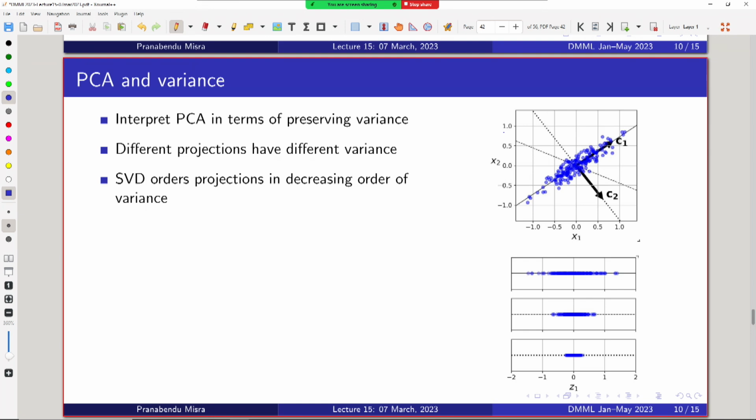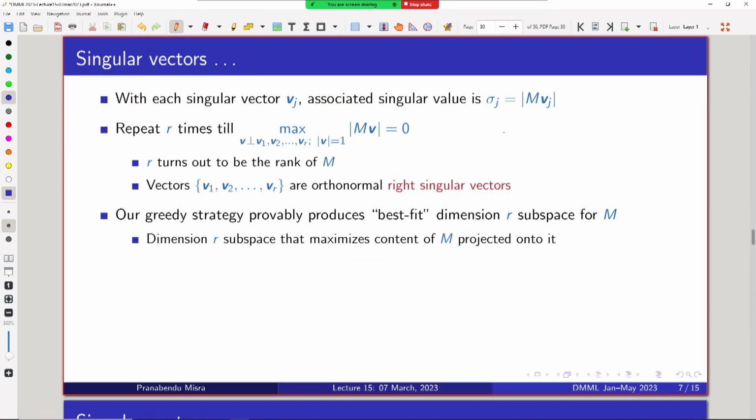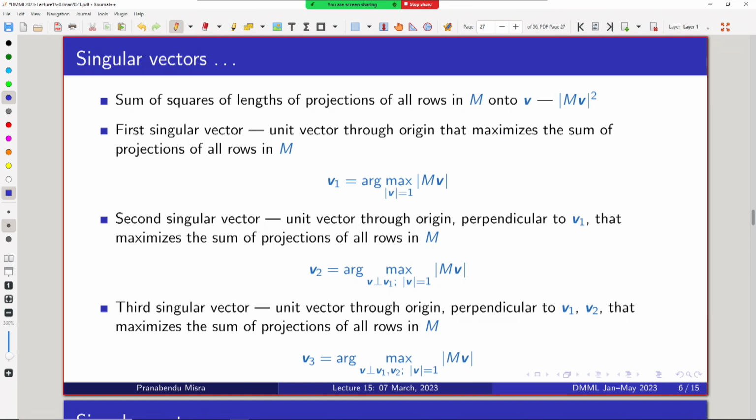The second one would be after you exclude whatever is accounted for by the first singular vector. So you look at all vectors which are orthogonal to V1 and among those pick the one which maximizes this, and then the third singular vector will be orthogonal to V1 and V2 and maximizes this.